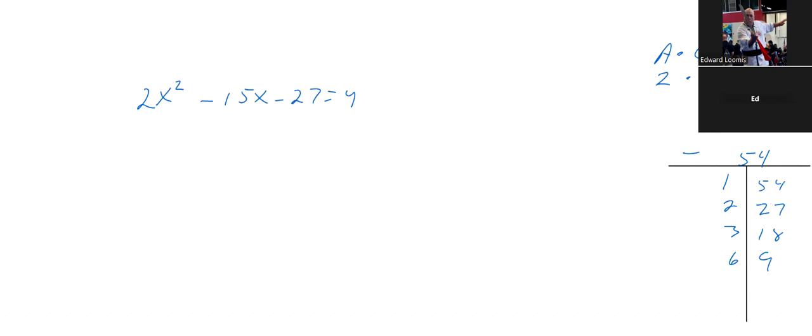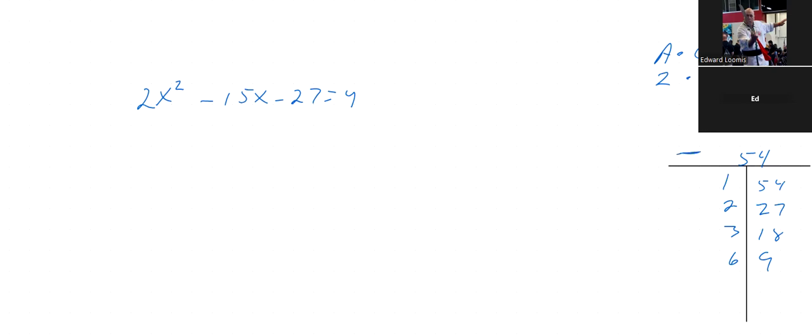So the rules are, what two numbers multiply to be 54, but when I add them together, they turn out to be b, 15. And when I say add, that's because I'm going to add positive and negative numbers. In this case, you could say subtract is the same thing.